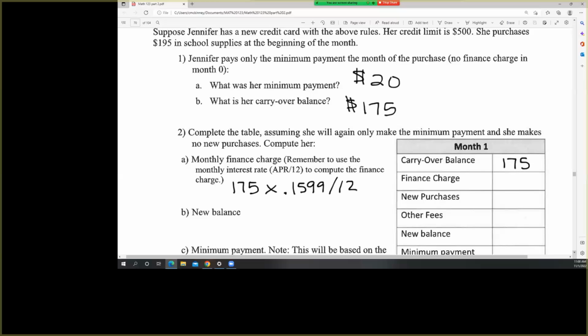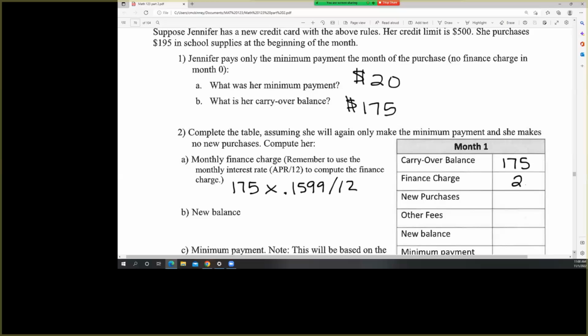And how much is her finance charge for the month? $2.33.